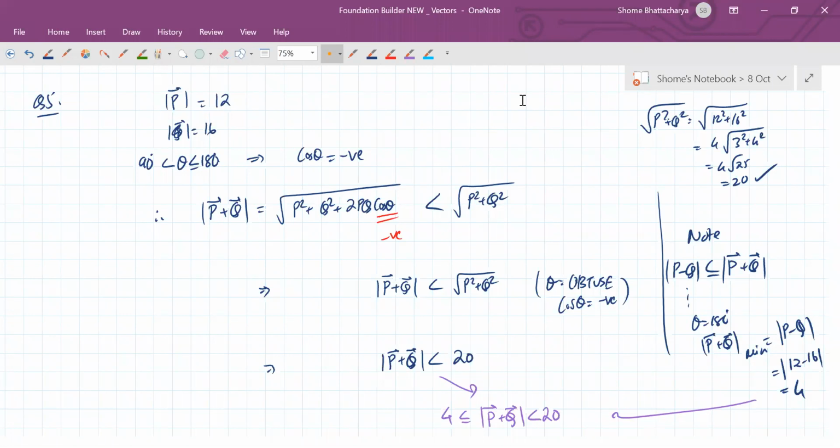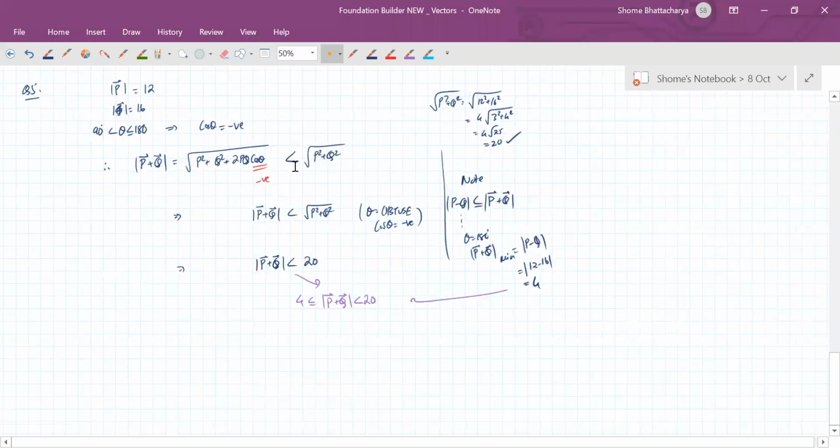Okay, so this is question number 5. Next, let's move on to 6 and 7. So finish writing this down and move on to question 6. So in 6 also, what you can do is you can express the vectors p and q in component form.